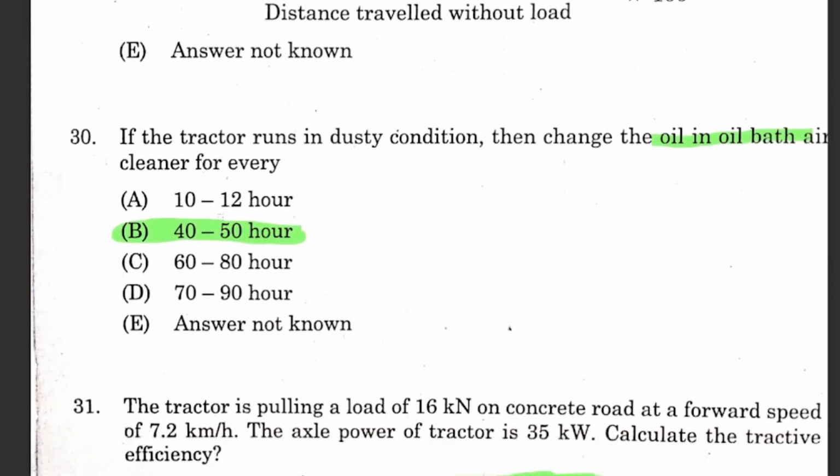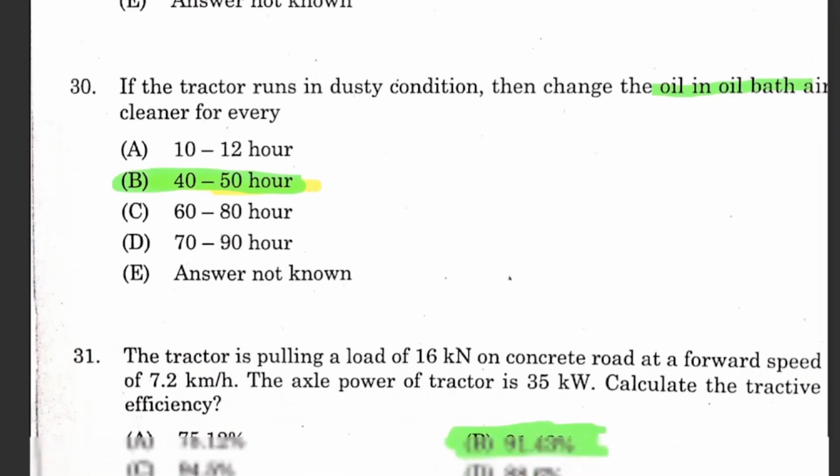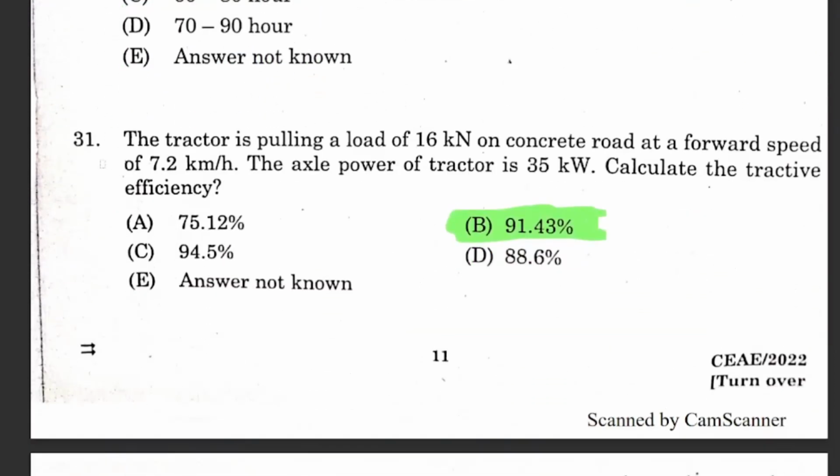Next one is if the tractor runs in dusty condition, then change the oil in oil bath air cleaner for every, and that should be changed after 40 to 50 hours. Next one is question number 31.